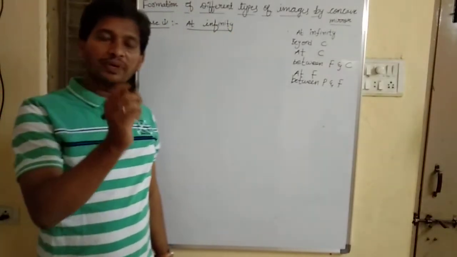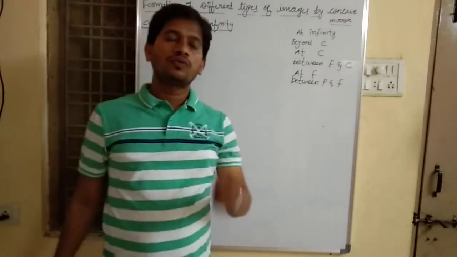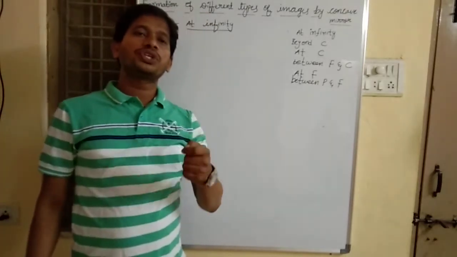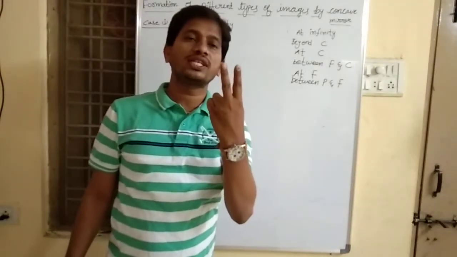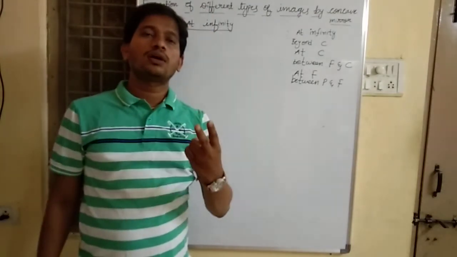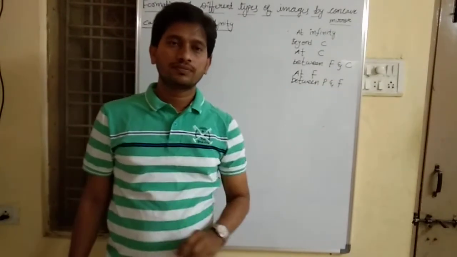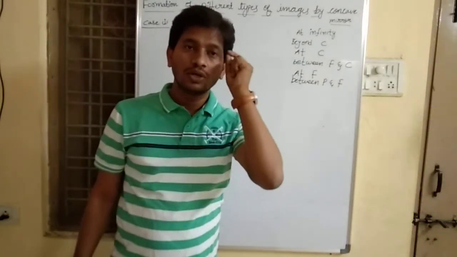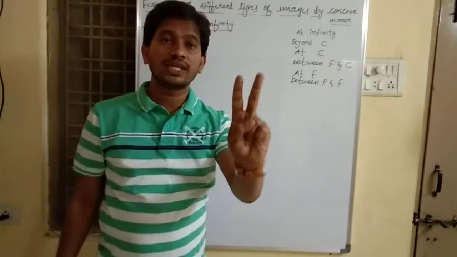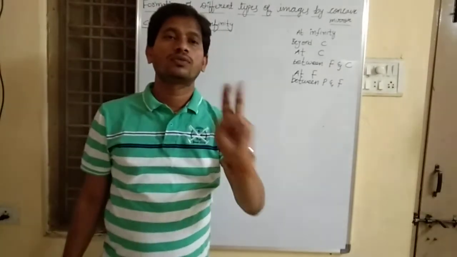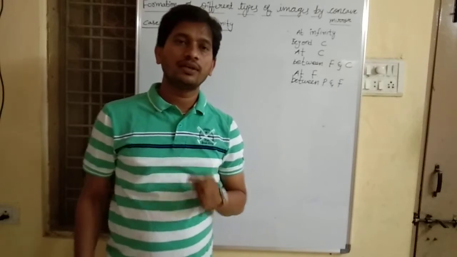As I told you in the previous session, to find the position of an image, we require a minimum of 2 rays to draw the image of an object. This point you keep in mind. We need 2 rays to represent the position of an image.